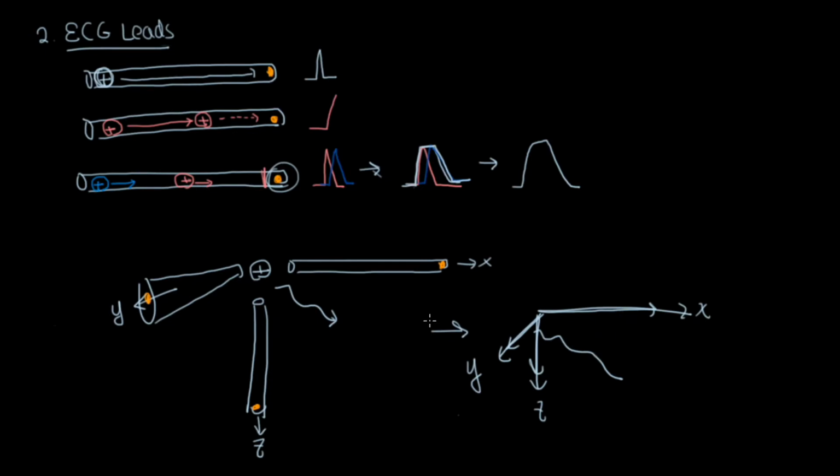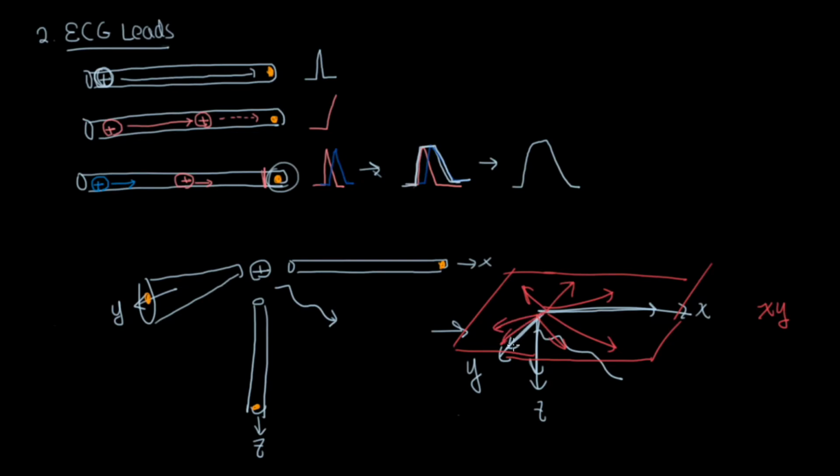So wouldn't it be nice if, since this is the X and this is the Y, we had an XY plane, characterized by the plane that's made up by the X and Y axes, and a bunch of sensors along this plane, then we can just look at the one that's appropriate for that specific charge.